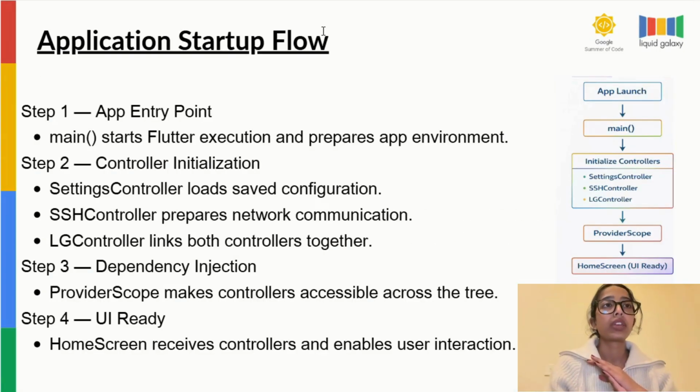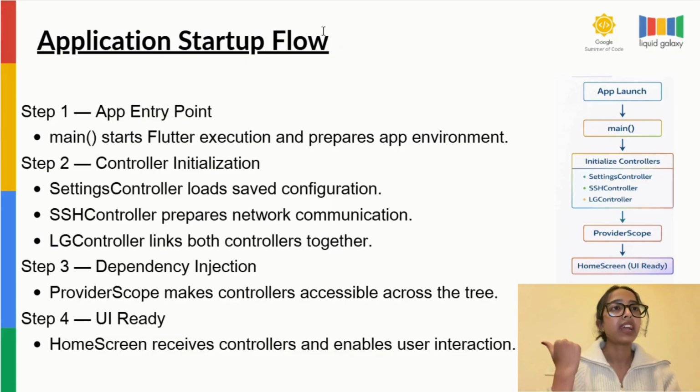Now let's look at what actually happens when the app starts. Everything begins from the main function. This is the entry point of every Flutter application. From here, the initial setup process starts. After that, the core controllers are initialized: settings controller, SSH controller, and LG controller.